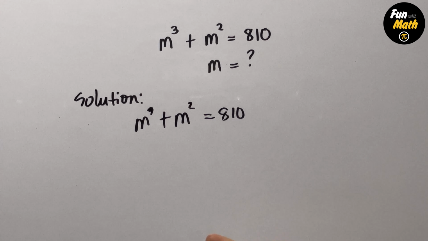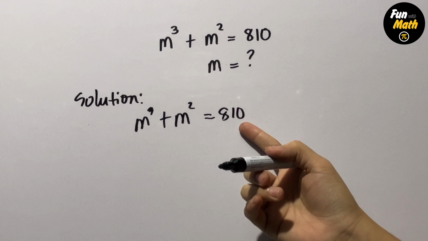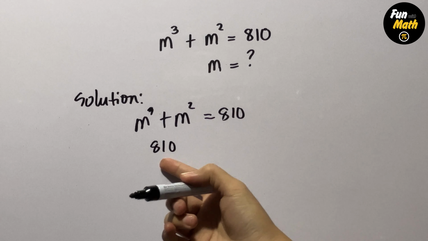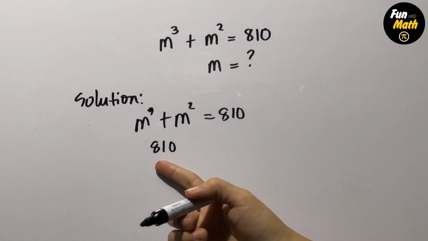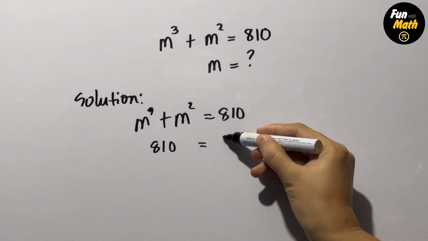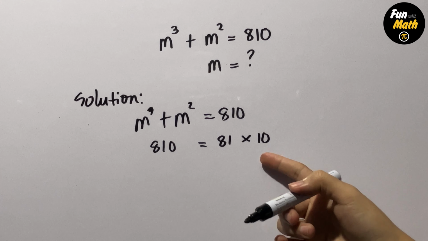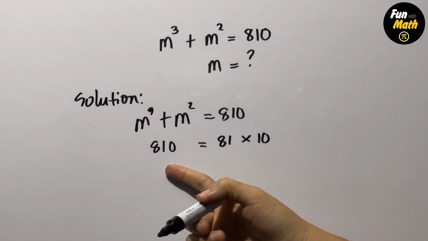Next, let's focus on this 810. For this, we can split this into 81 times 10. 81 times 10 is just equal to 810.